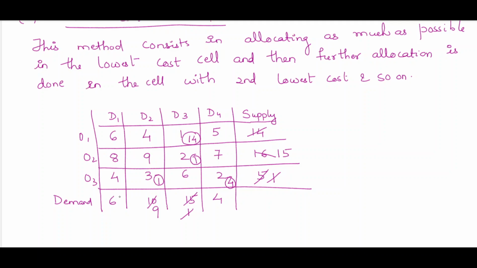O2 here supply is 6. Out of 8 and 9, 8 is the smallest one, so we will first allocate this 6 here, and we'll cut this 6.